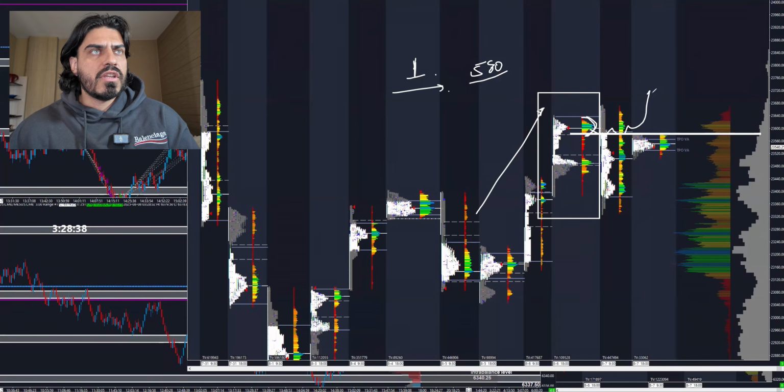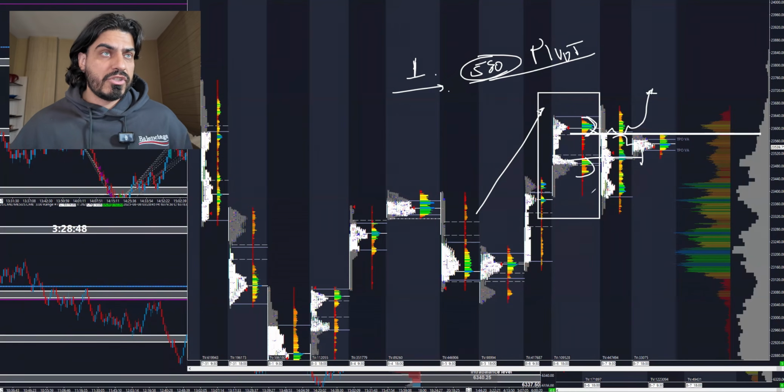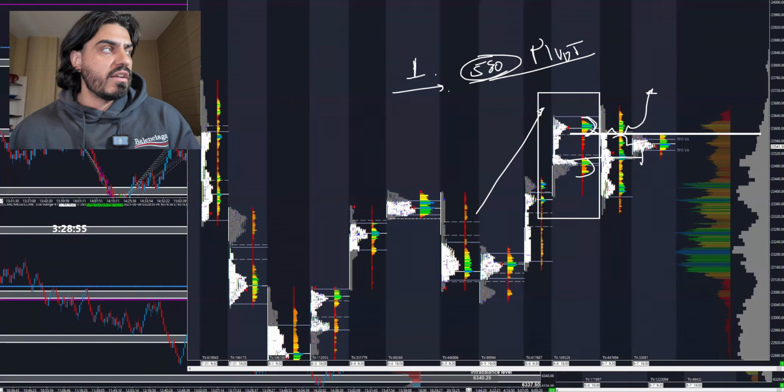If you can't continue the press and create a new trend day from there, that 580 turns into a pivot where you want to sell rallies into the next balance area, which has the potential to completely capitulate. A very, very simple, just one level strategy that you can replicate on a day-to-day basis.